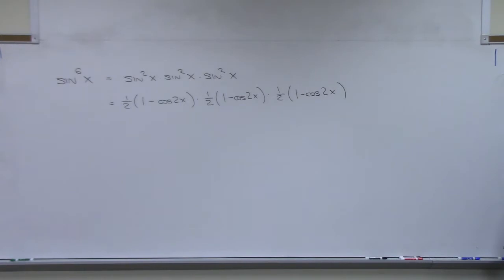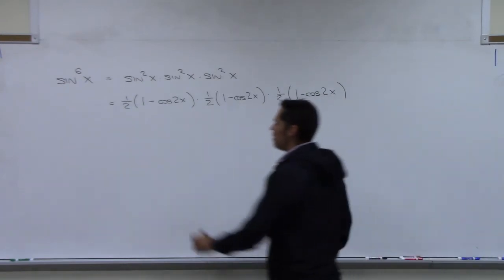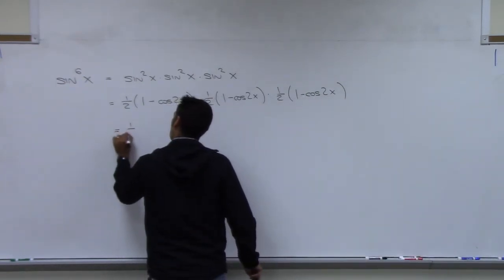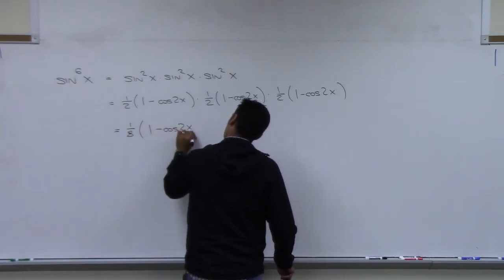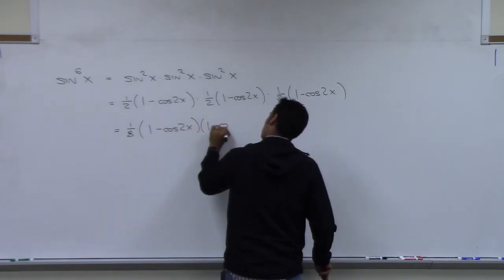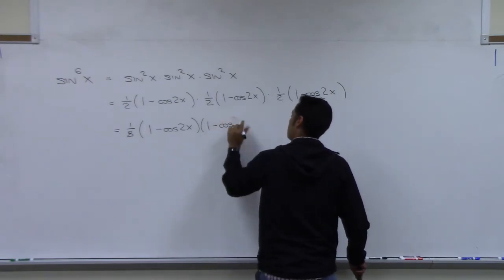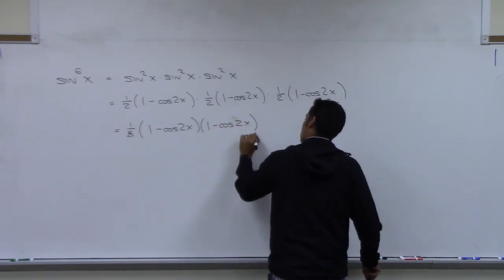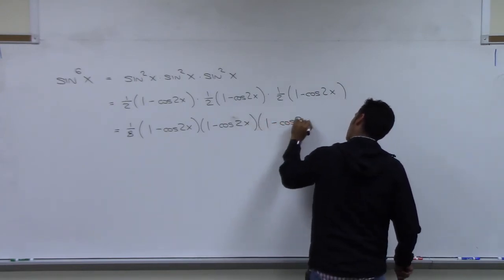Oh, this looks lovely, doesn't it? Let's get all the halves out front. 1/2 times 1/2 times 1/2 is 1/8. And then I have 1 minus cosine 2x times 1 minus cosine 2x, sorry, not squared x, 2x, and then 1 minus cosine of 2x.